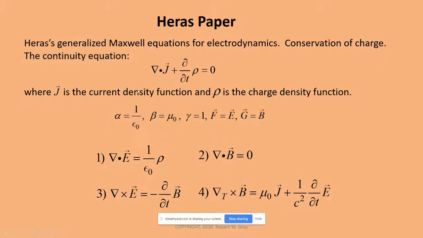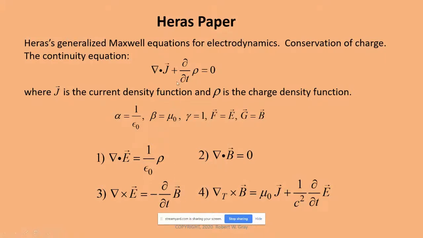J is the current density function. Rho is the charge density function. And the alpha, beta, gammas are here for SI units. F is really the electric field, the electrodynamic field. G is really the magnetic field. And you have Maxwell's equations.